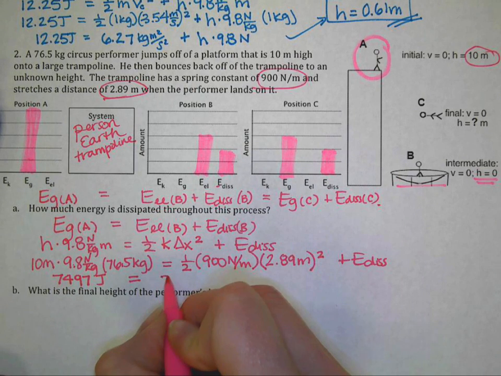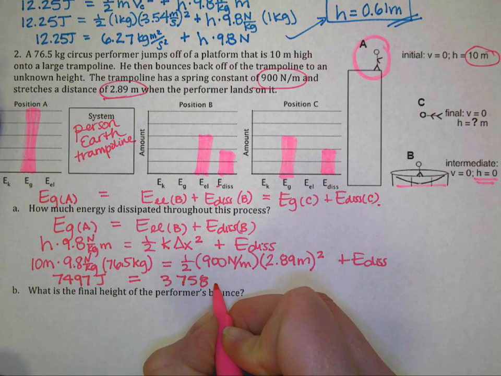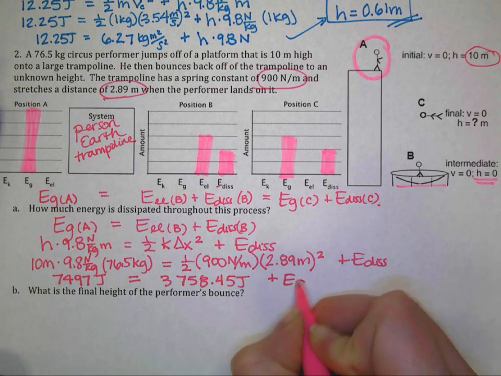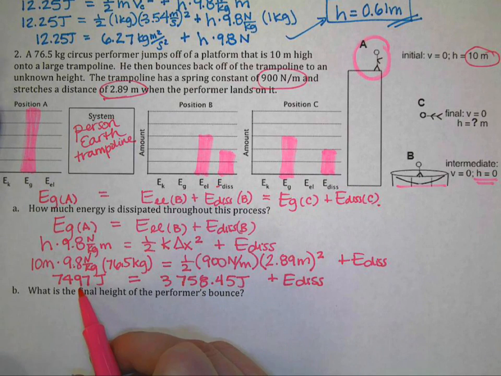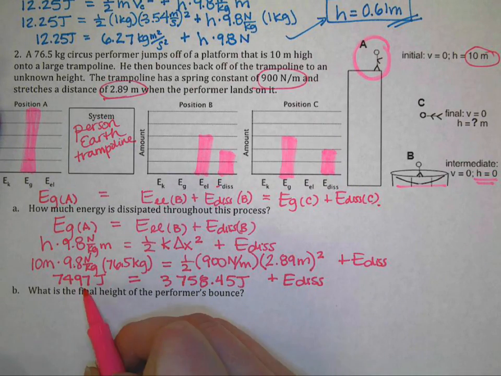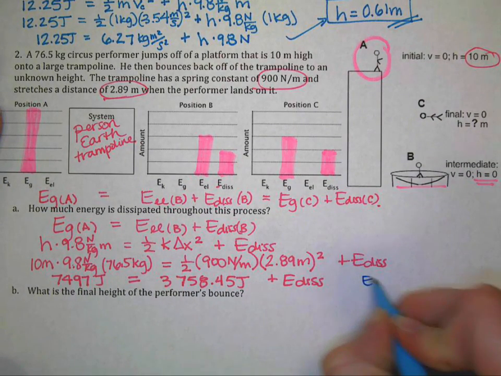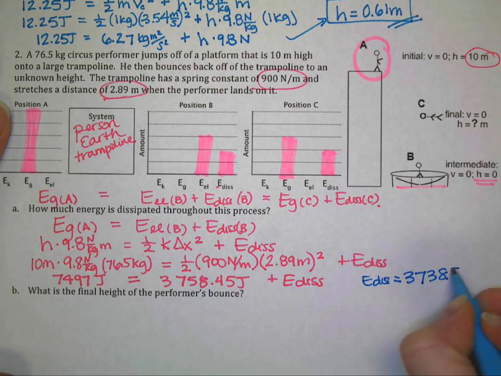That is equal to 3,758.45 joules, and then plus E dissipated. To solve for E dissipated, the energy that was dissipated, we'd have to subtract 3,758.45 from the other side, and that gets us an answer of 3,738.56 joules.